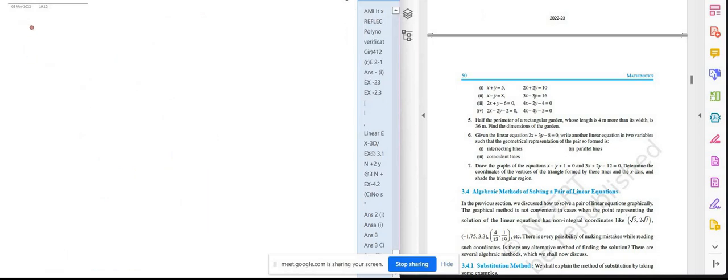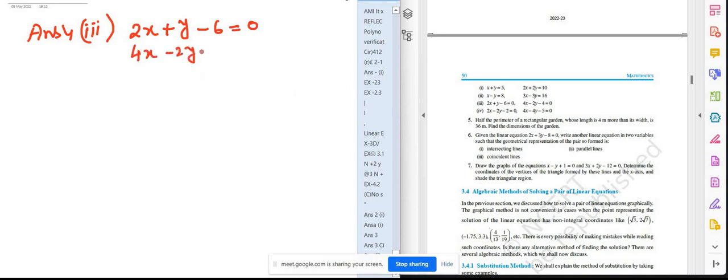Now I am doing answer 4, third one. Third one: 2x plus y minus 6 equals 0, and 4x minus 2y minus 4 equals 0.